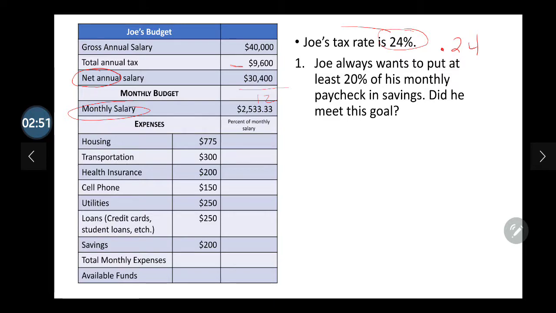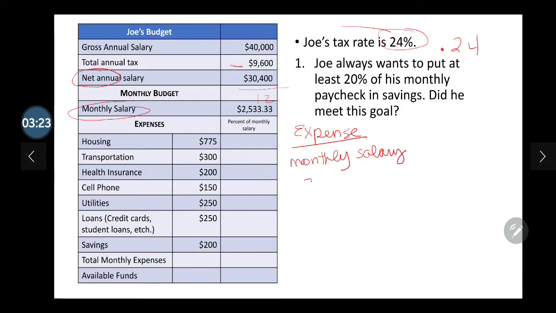Now they want us to determine what percent of the monthly salary he has budgeted for each of these items. To figure out the percent of the monthly salary, I take the expense and divide it by the monthly salary.